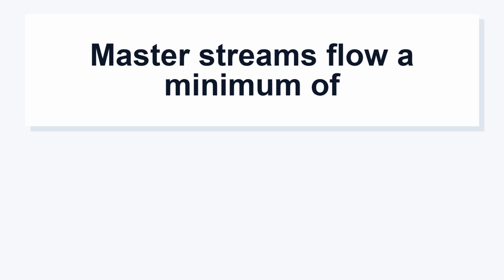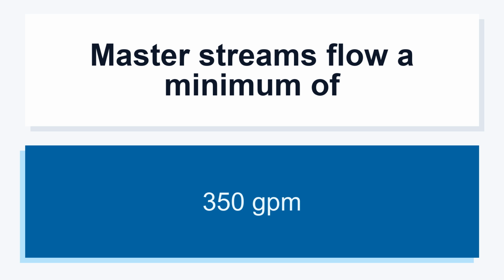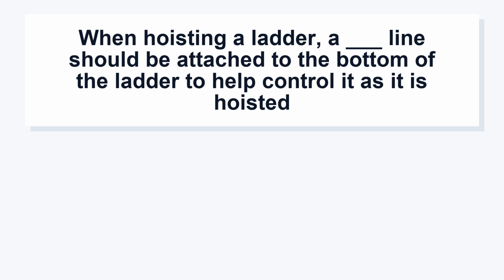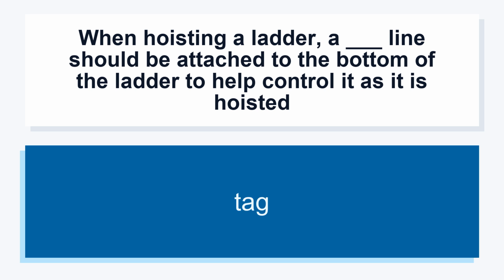Master streams flow a minimum of 350 GPM. When hoisting a ladder, a tag line should be attached to the bottom of the ladder to help control it as it is hoisted.